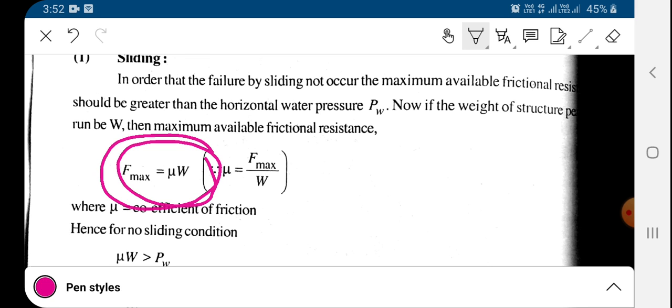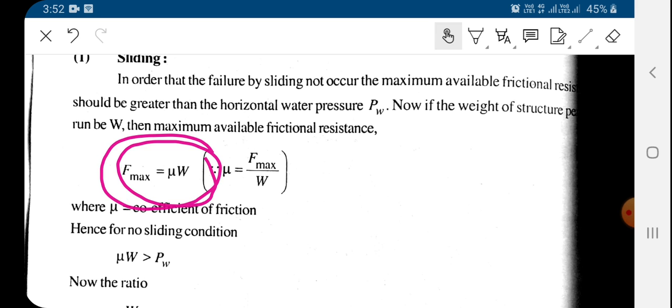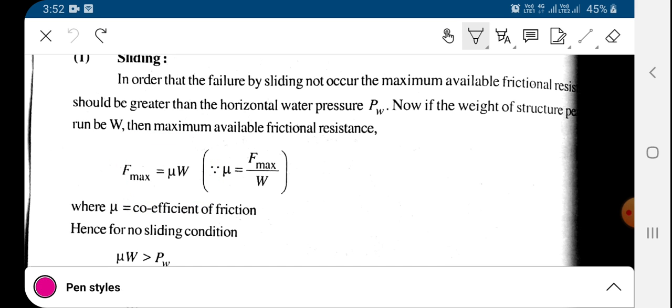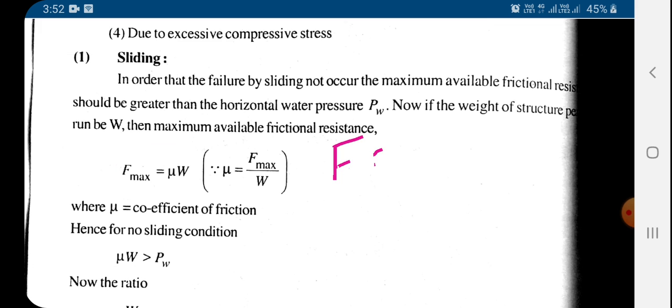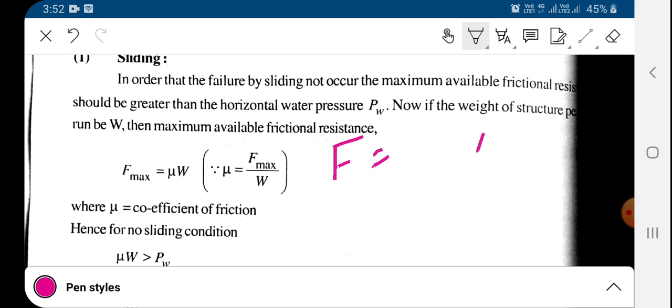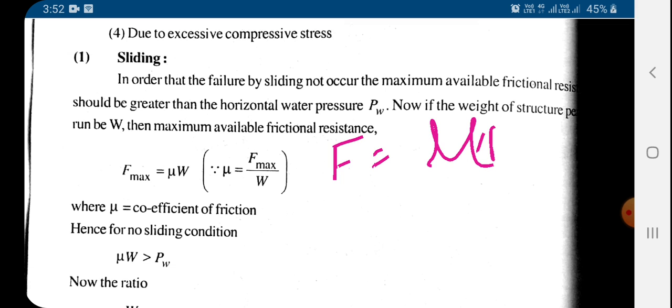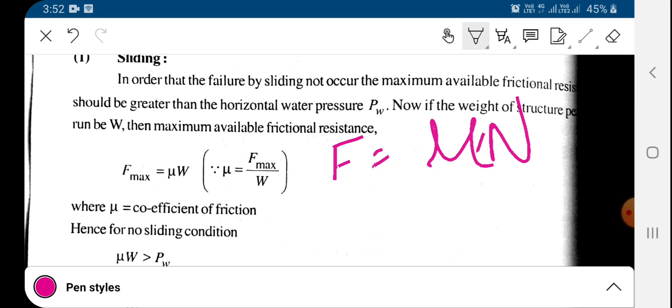Generally this frictional resistance F will be equal to mu into N, but for the case of a dam, N will be equal to W. Normal force will be equal to the downward weight, so N becomes W. So F will be equal to mu into W in this case.